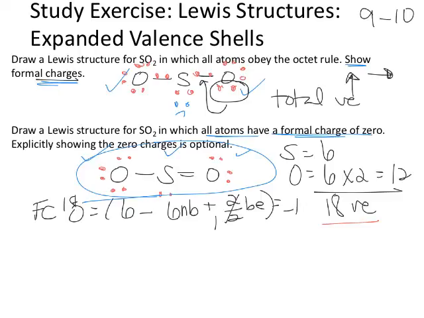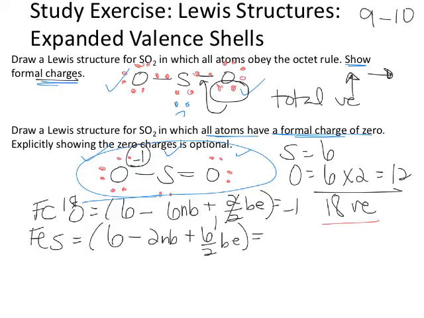So oxygen has a minus 1, the first oxygen. Formal charge of your sulfur, 6 minus 2 non-bonding electrons plus 6 divided by 2 of bonding electrons equals 6 minus 5, which is a plus 1. So this is a plus 1.